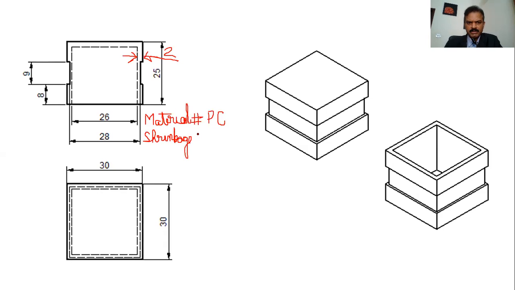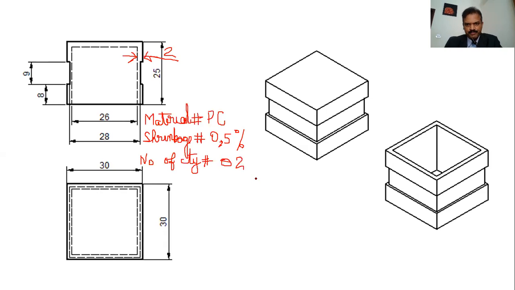Shrinkage should be 0.5%, and of course for discussion's sake we need the number of cavities too. Let us consider the number of cavities, say take it as 2.